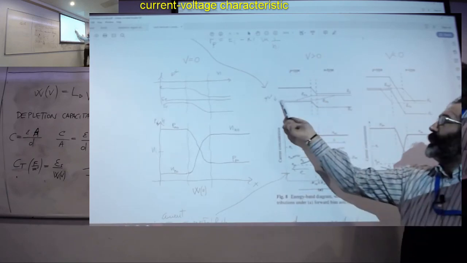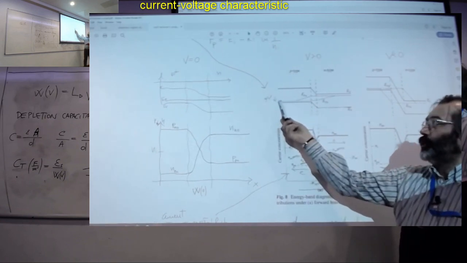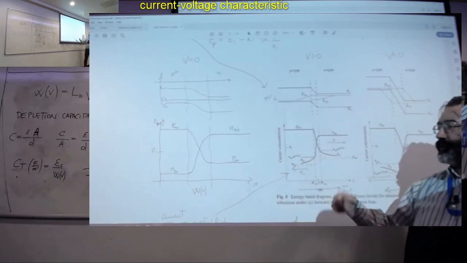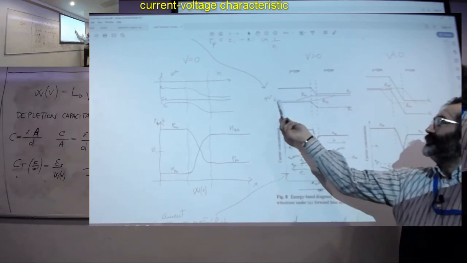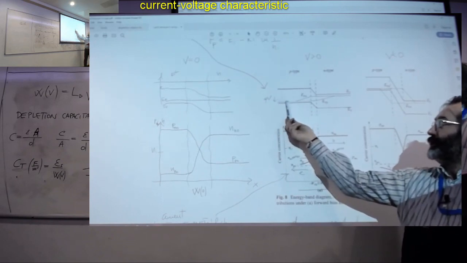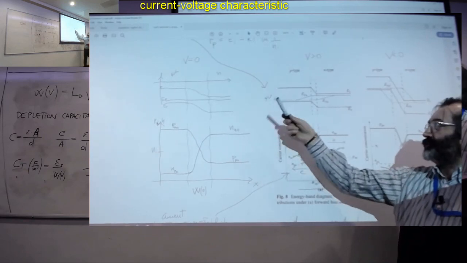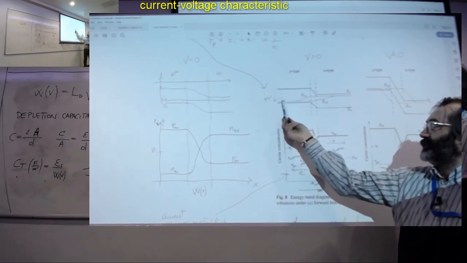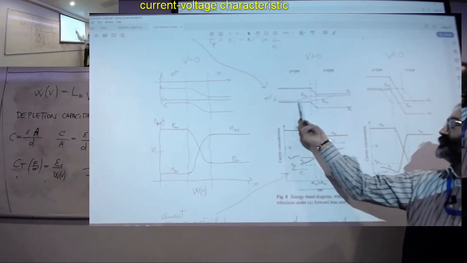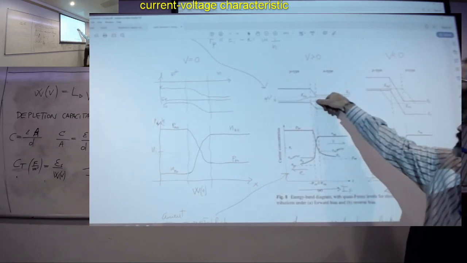So on the P side, holes are the majority carriers. So the assumption we make in order to do the analysis is that the quasi-Fermi level for holes coincides on this side with the Fermi level. When we are approaching the depletion zone, it will actually stay there up until the end of the depletion zone.